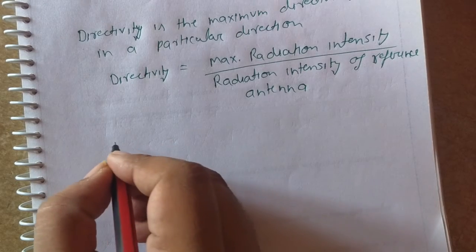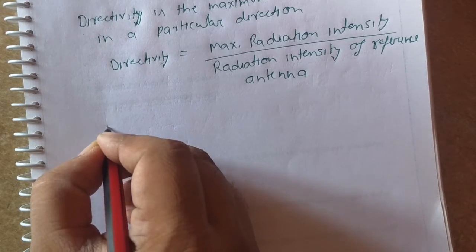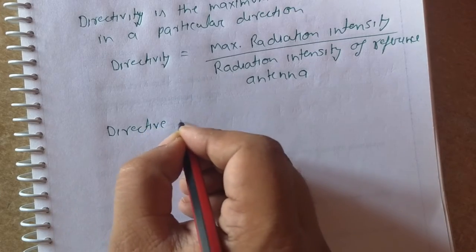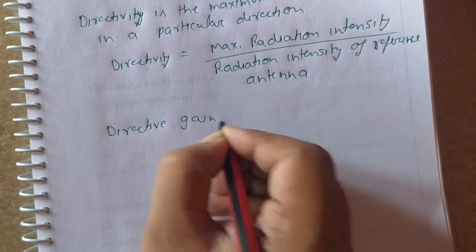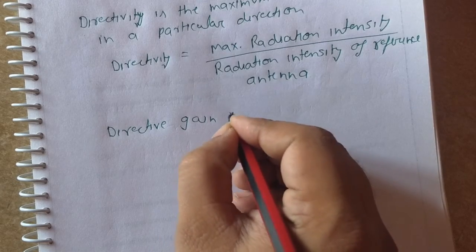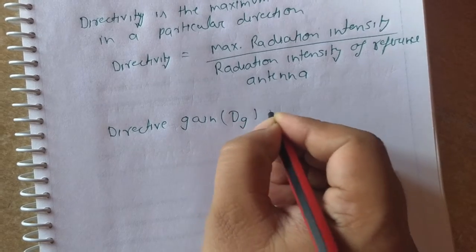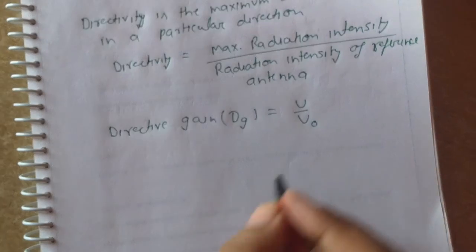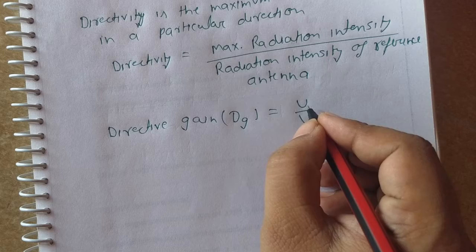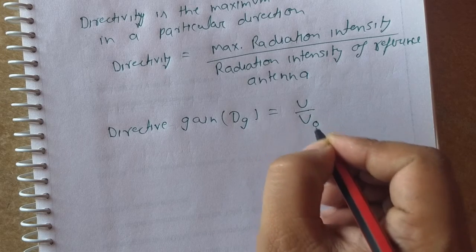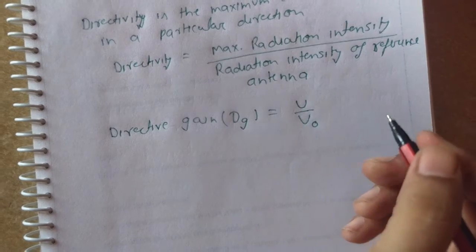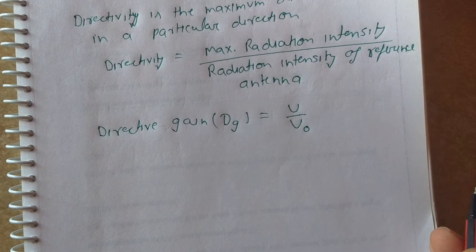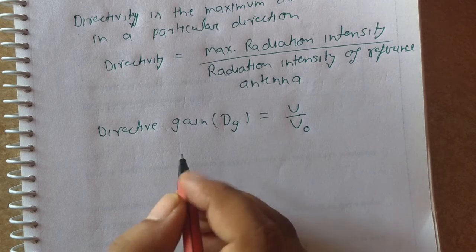So directive gain DG will be equal to U divided by U naught, where U is the radiation intensity of the given antenna and U naught is the radiation intensity of the reference antenna. In reference antenna we are using isotropic radiator, isotropic antenna or dipole antenna.